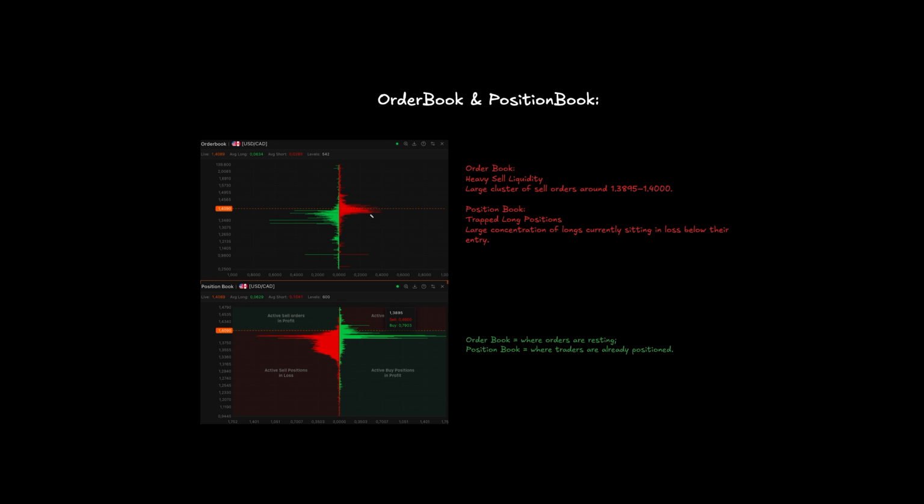But again, we are talking about order book, and order book is where orders are resting, okay? This is pending orders. For the position book, this is quite different because we have some trapped long positions and we have a large concentration of longs currently sitting in loss below the entry. Yeah, it's visible, right? Again, we can identify this key level around this area.